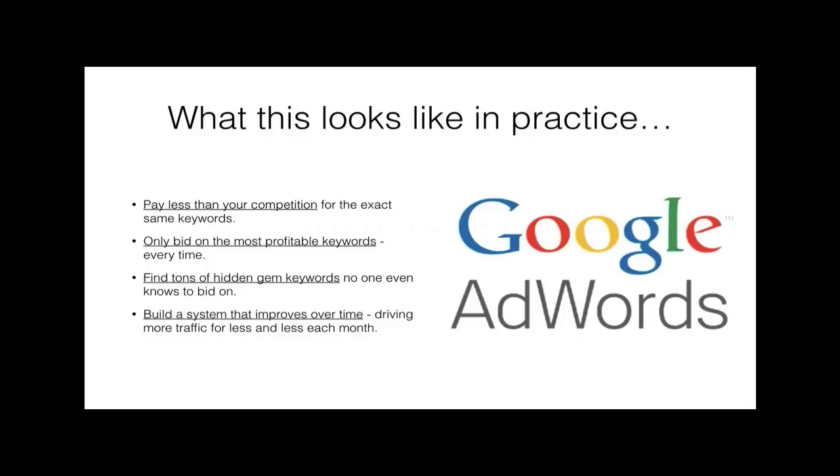You're going to find tons of hidden gem keywords that no one else in your market even knew to bid on. And you're going to build a system that improves itself over time, which means you're going to be driving more traffic for less and less spend each month. And again, this is not hyperbole. This is how this system is supposed to work. It's how AdWords works when you set it up correctly.